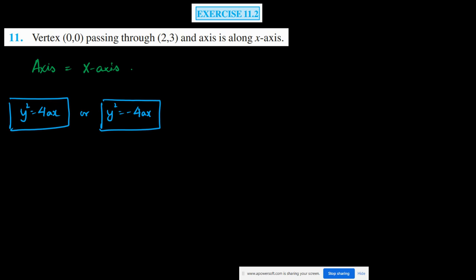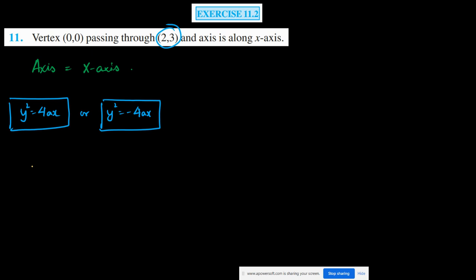The given parabola passes through the point 2 comma 3, right? Now this equation of the parabola must satisfy this condition of x and y.